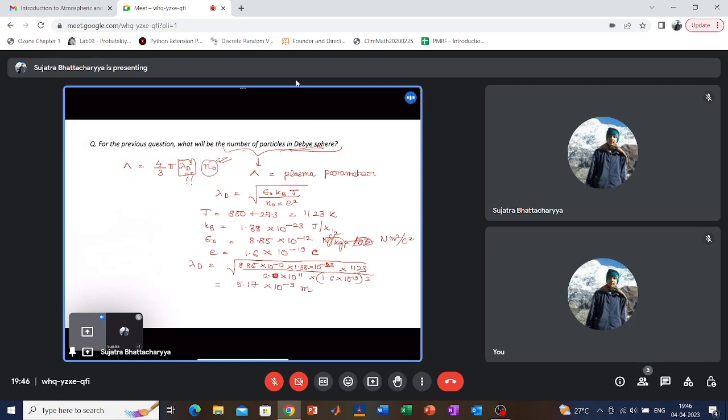Now we can calculate easily. So it's 4/3 into 3.1416 into 5.17 into 10 to the power minus 3 whole cube into 2 into 10 to the power 11. Now you can check how much it comes out.